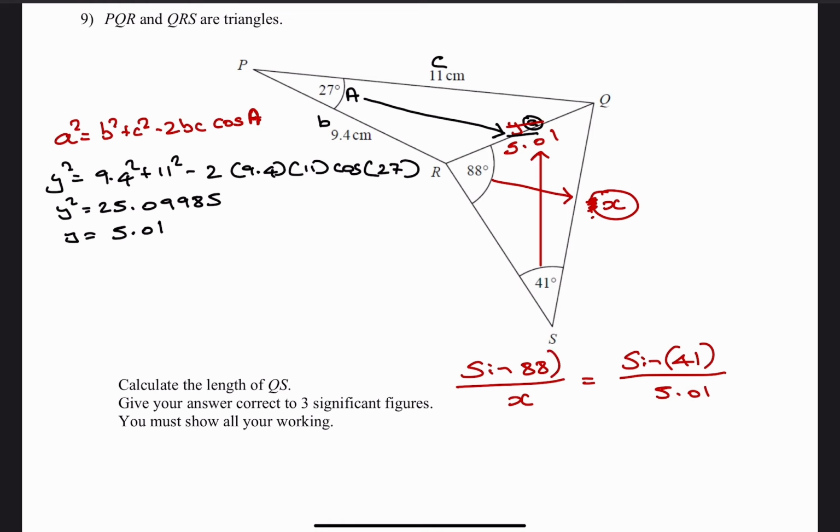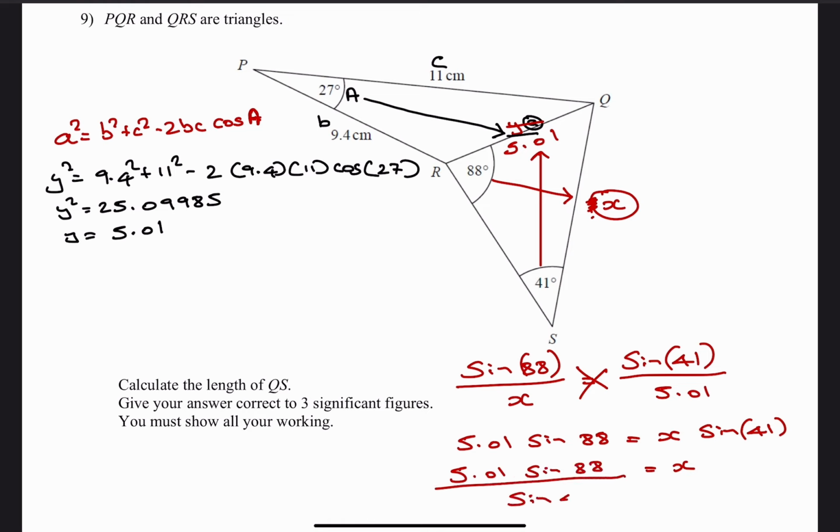Just put a bracket around that, looks nicer. Multiply: 5.01 sine 88 equals x sine 41. I want the x, which is 5.01 sine 88 over sine 41.